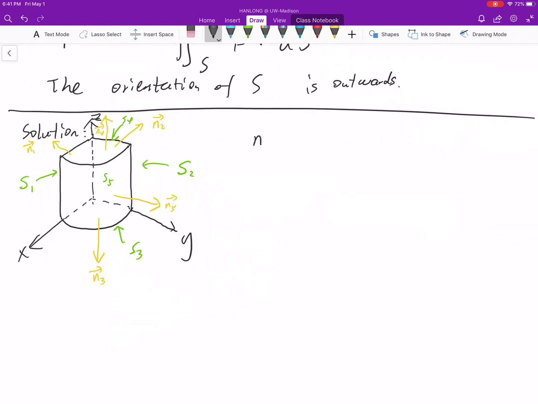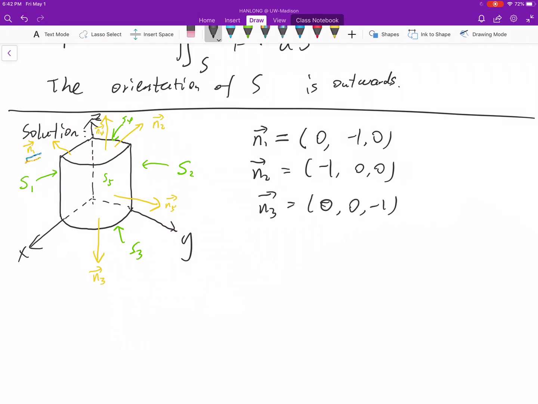Actually here, except S5, it's very easy to calculate the others. For example, N1, you can just write down, because you see it's parallel, N1 is parallel to Y and opposite to the negative Y direction. Therefore, it's 0, -1, 0. And N2, similarly, is given by -1, 0, 0. N3 is given by 0, 0, -1.